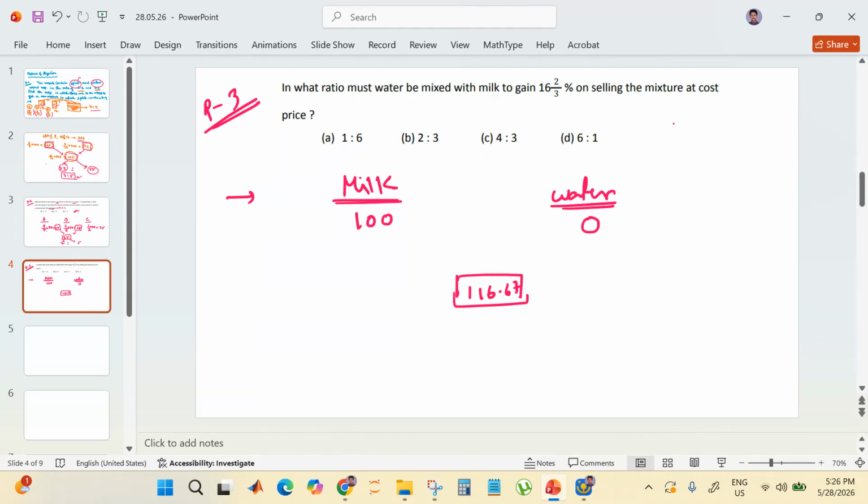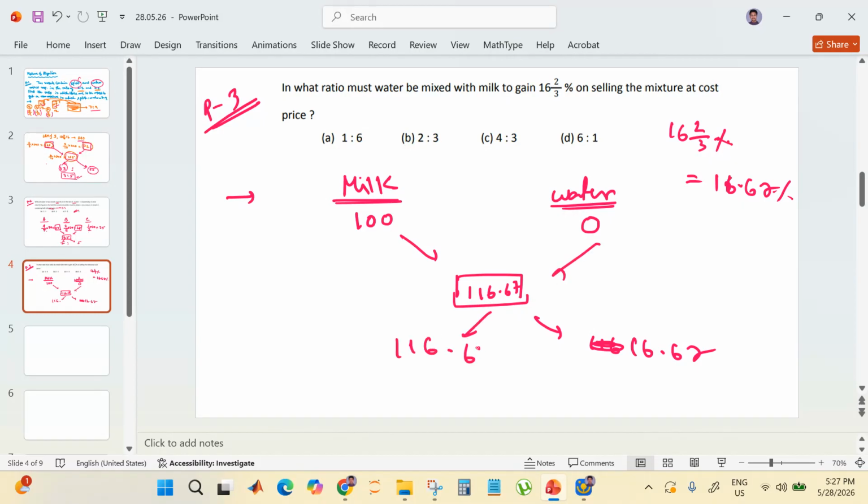Because 16 whole 2 by 3 means 16.67. Remember one thing, again referring to the percentage chapter: 1 by 3 means 0.33, 2 by 3 means 0.67, and 3 by 3 means 100. So it is 16.67, and it is 116.67.